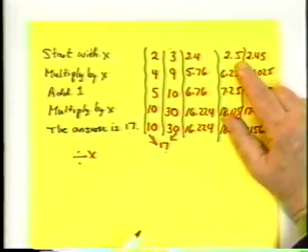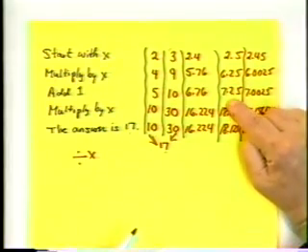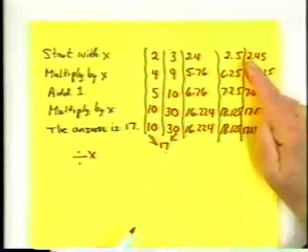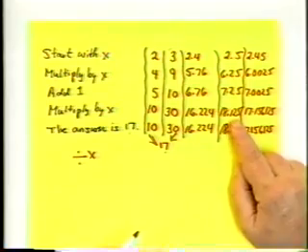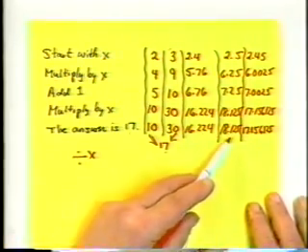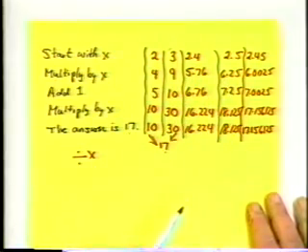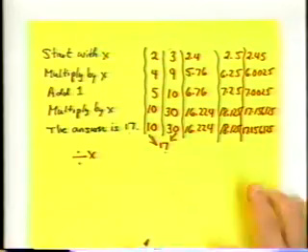I start with 2.5, multiply by 2.5 gives me 6.25, add 1 gives me 7.25, multiply by 2.5 gives me 18.125. 17 is between 16.2 and 18.1, so I know 2.4 is too small, 2.5 is too big. So I'll split the difference.